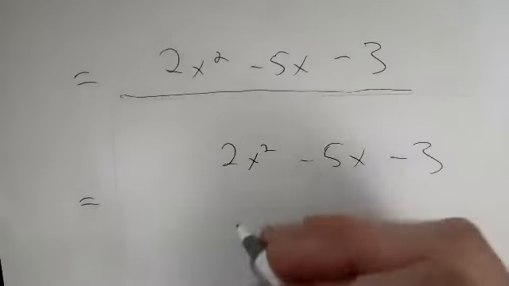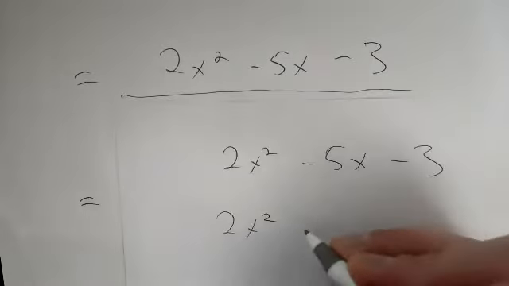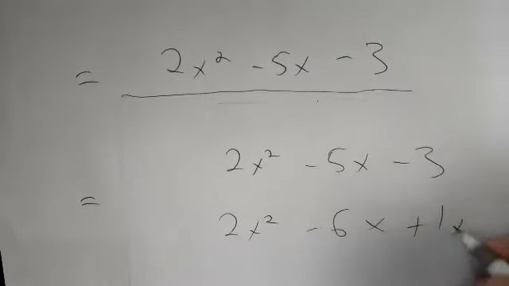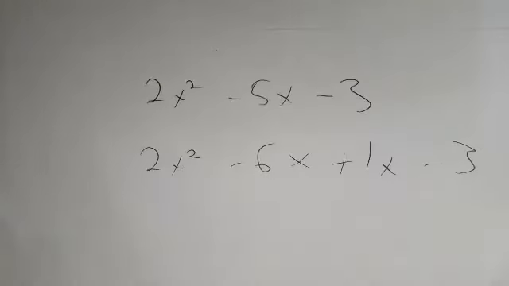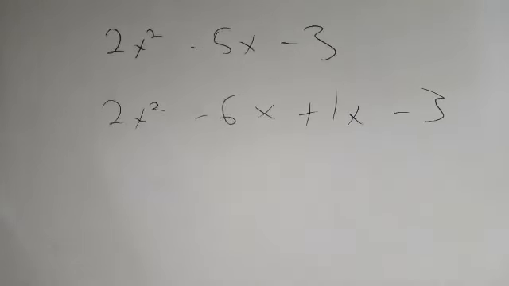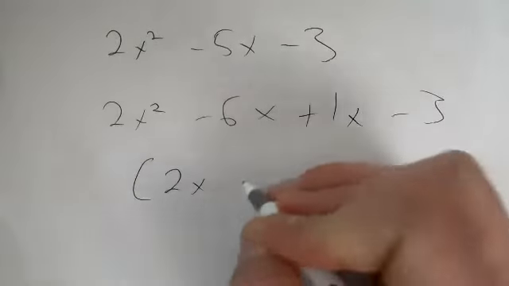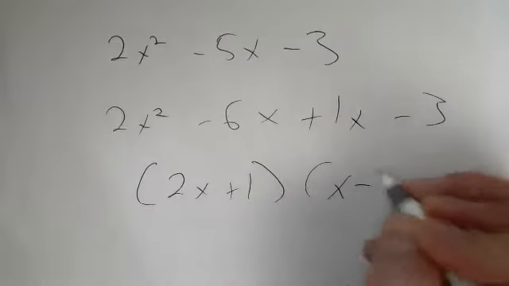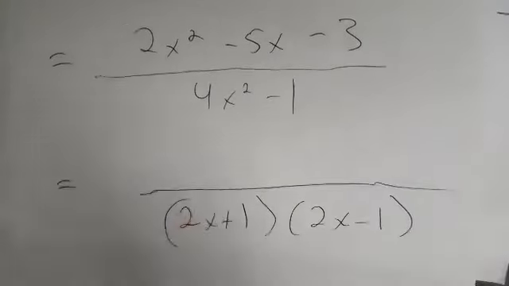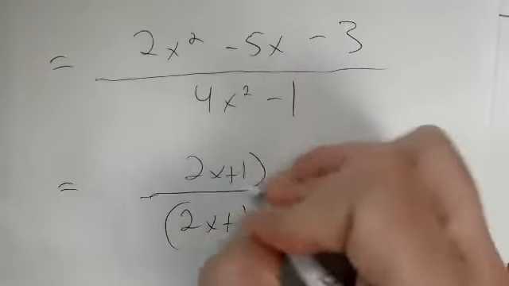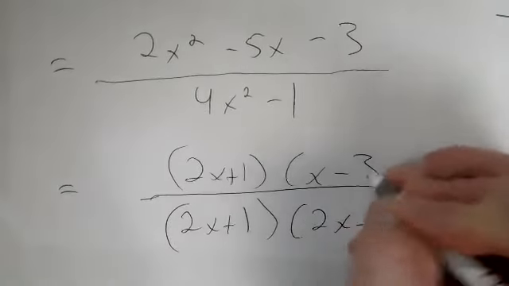And we want to add a minus 5, so I believe 2x squared minus 6x plus 1x minus 3. And again, do this by grouping or box method. I'm going to do factors 2x plus 1, x minus. Okay. So this one looks like 2x plus 1, x minus 3.